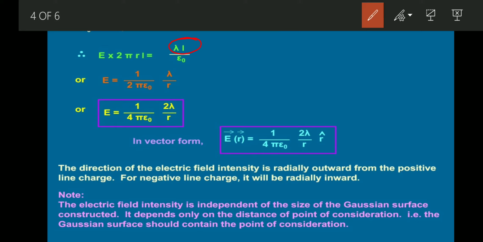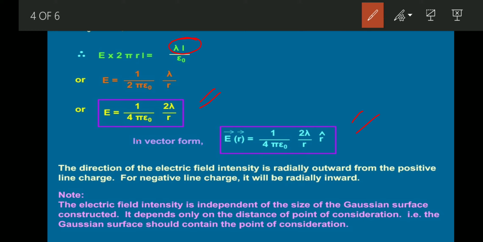L gets cancelled, and we get E is equal to 1 upon 2 pi epsilon naught times lambda by r. In terms of the constant 1 upon 4 pi epsilon naught, it becomes 2 lambda upon r. Now this is the magnitude form, and if we want to write it in vector form, then E vector will be equal to 1 upon 4 pi epsilon naught, 2 lambda upon r, times r unit vector.